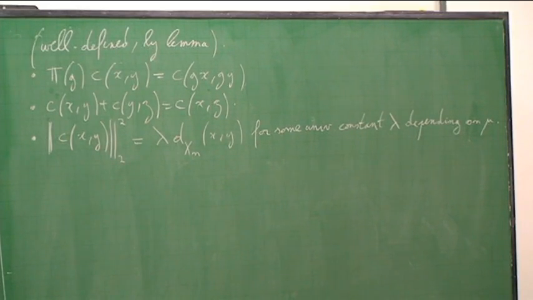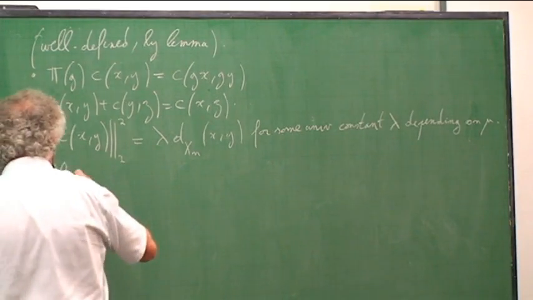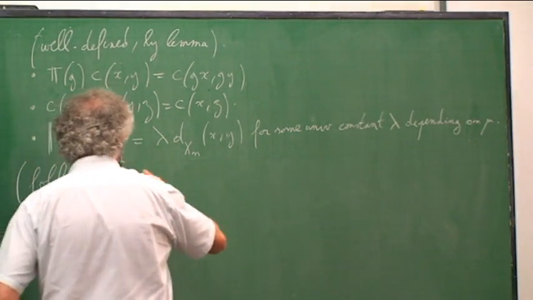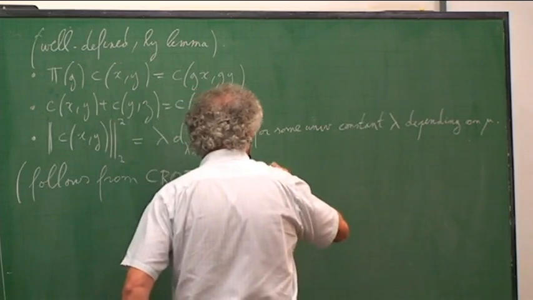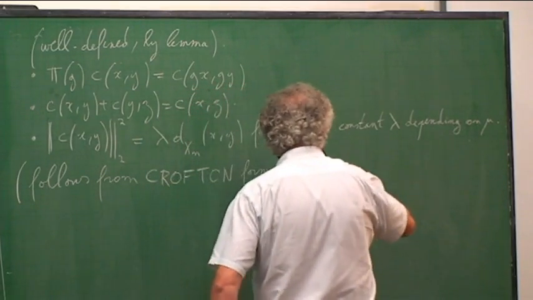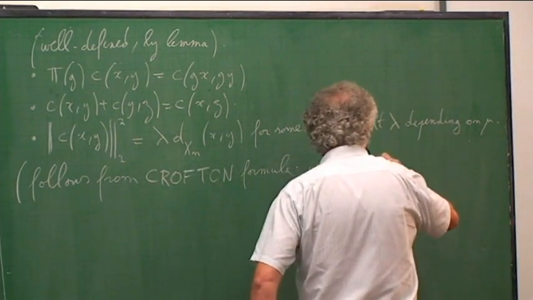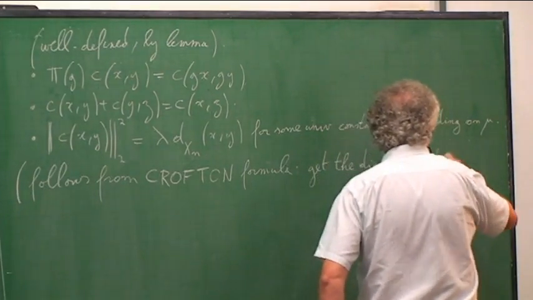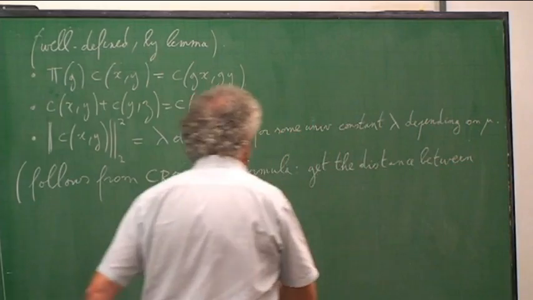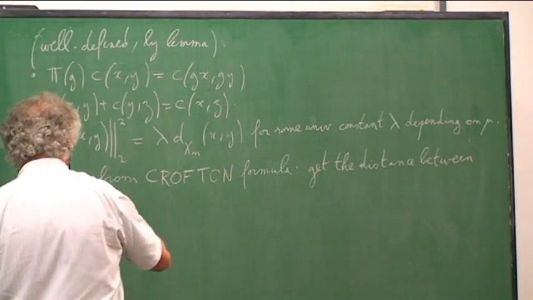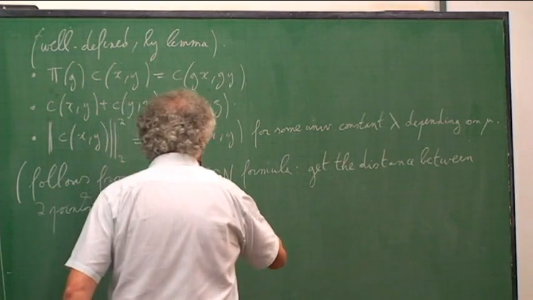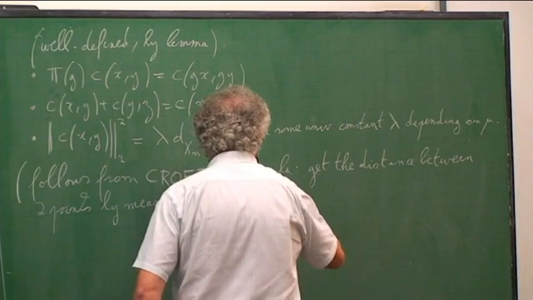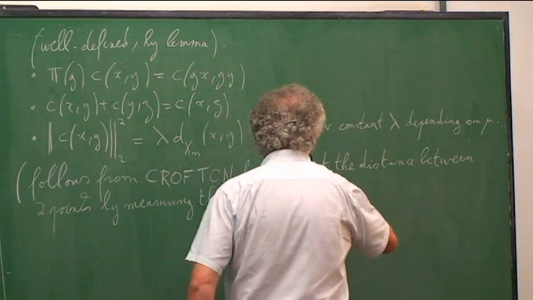This is a classical formula in integral geometry called the Crofton formula, to get the distance between 2 points by measuring the set of hyperplanes separating them.